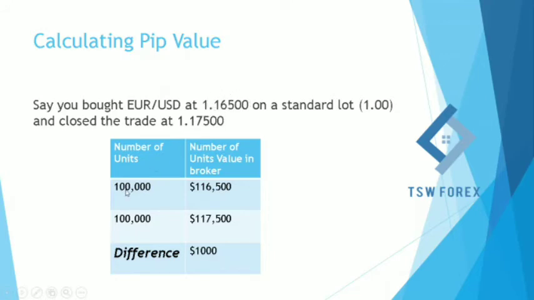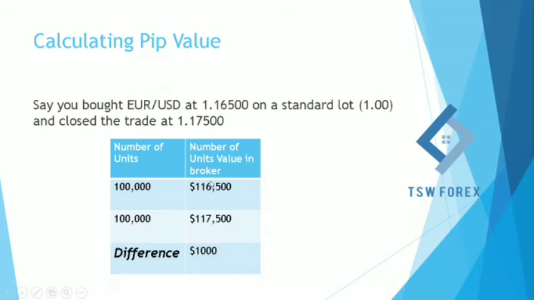So we're multiplying 100,000 units times the price when you bought it, and we got 116,500. Now, when the price went to 1.17500, that same 100,000 units is now worth 117,500.